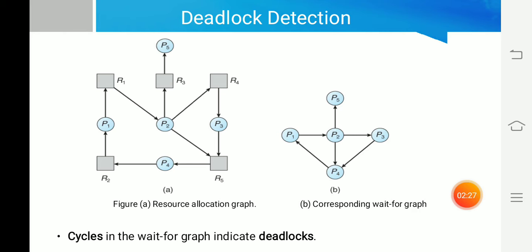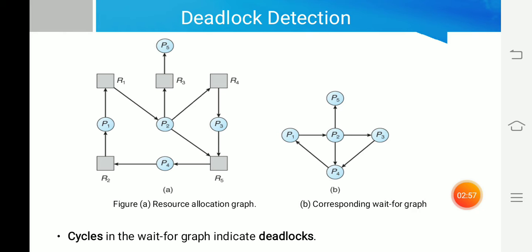So we'll first convert this resource allocation graph to a wait-for graph. How do we convert? We first remove the resources and combine the edges. For example, see process 1: the arrow goes to resource 1, meaning process 1 is waiting for resource 1. Then from resource 1 the arrow goes to process 2, meaning resource 1 is held by process 2.